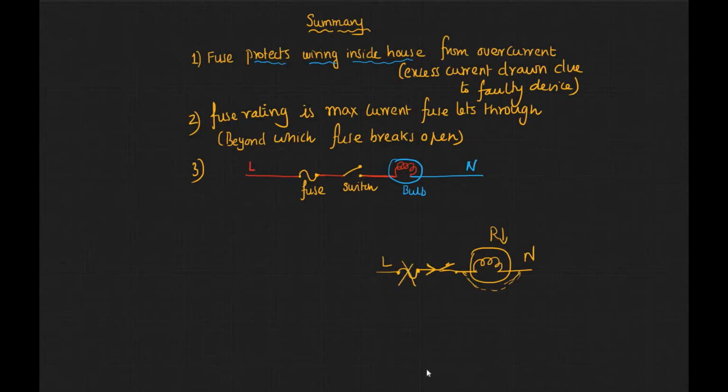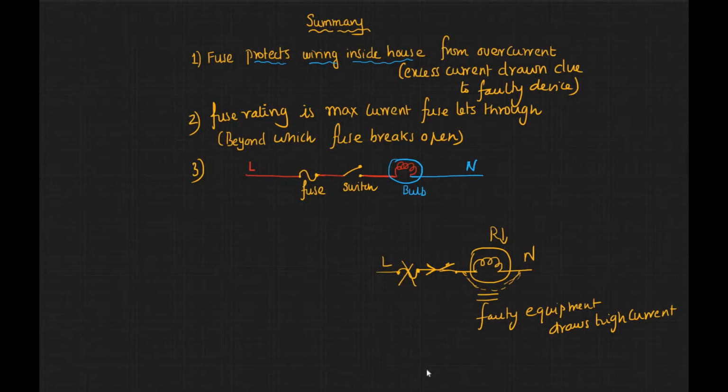So that's why this fuse breaks up. Your objective is not to protect the equipment really, because your equipment is already faulty. So basically your faulty equipment draws high current, right? That's a problem you have.